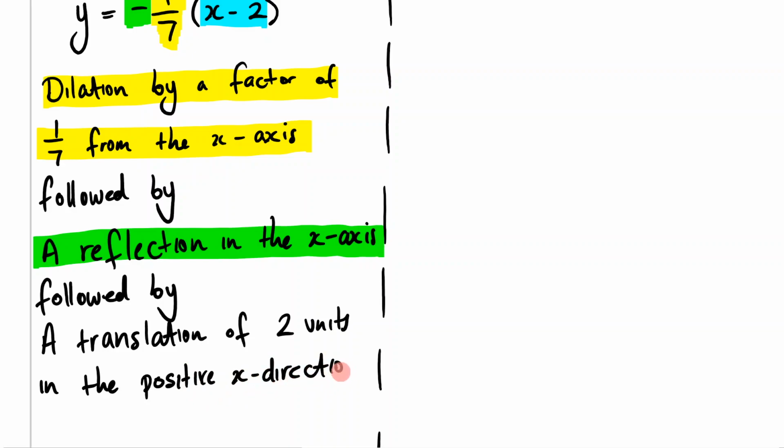So remember, it's positive because you've got x minus 2, and you need to remember that when it's like that, you've got to take the opposite sign. So that would be our translation.